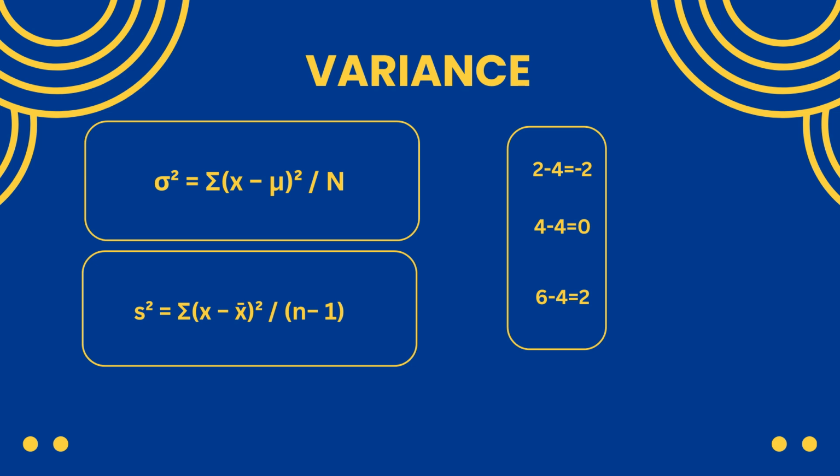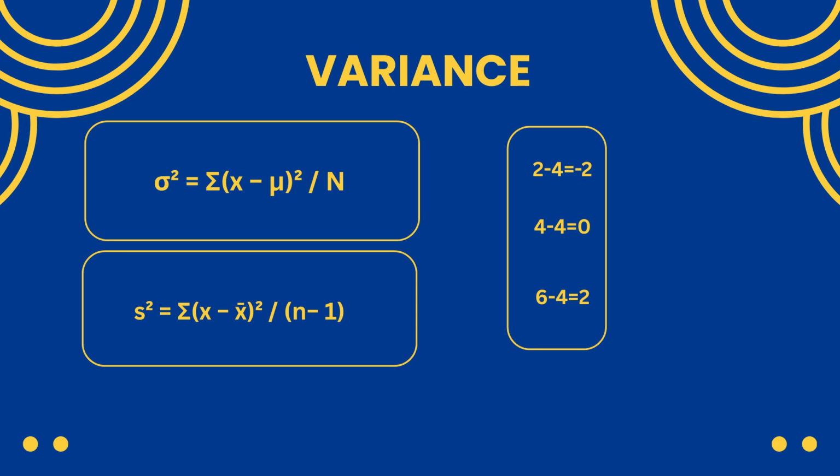If we already know 2 deviations, the third one is automatically fixed so that the total becomes 0. So only 2 values are truly free to vary. For 3 observations, only 3 minus 1, that is 2, values are free to vary. This is called degrees of freedom, and that's why we divide by n minus 1 instead of n.